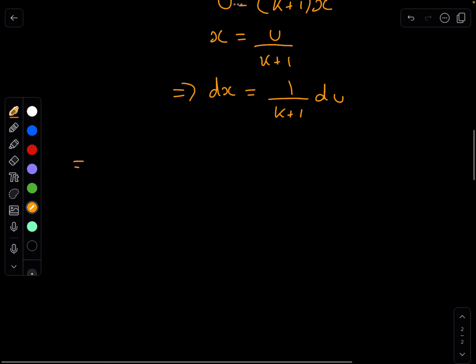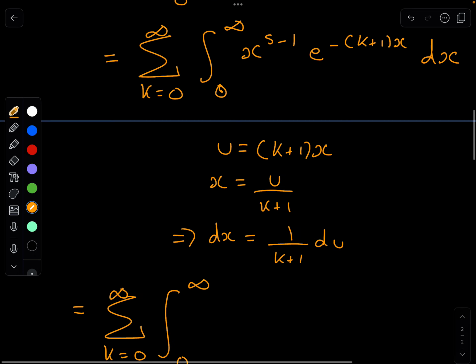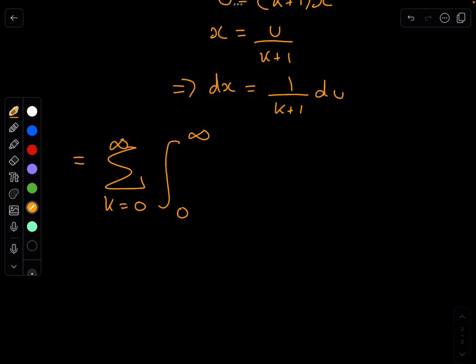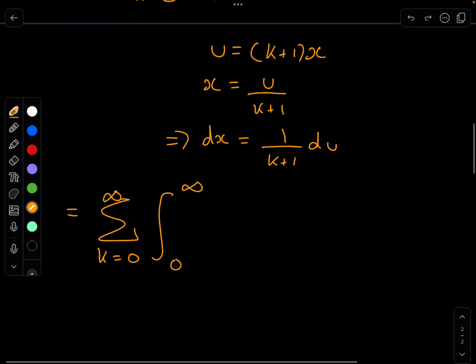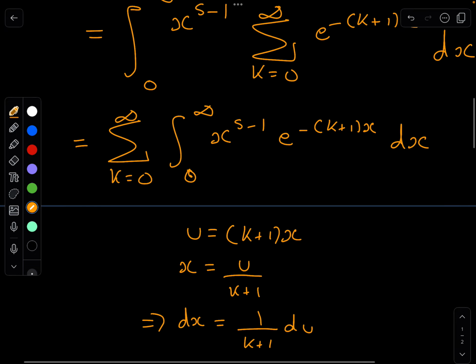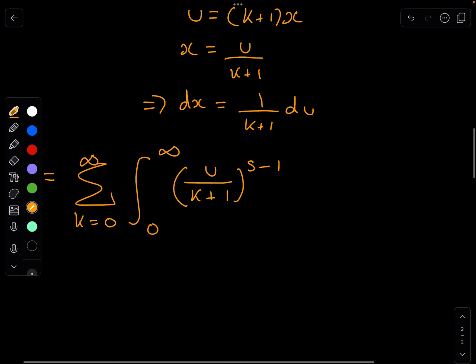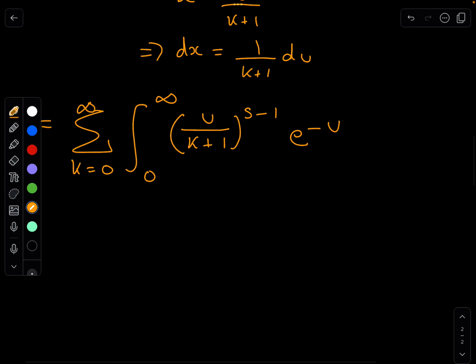So I can put that back into everything I have. We have the sum from k equals 0 to infinity times the integral from 0 to infinity of x to the s minus 1. But we just saw that x is u over k plus 1. So I'll rewrite that as u over k plus 1 to the s minus 1 times e to the negative u, and dx is 1 over k plus 1 du.